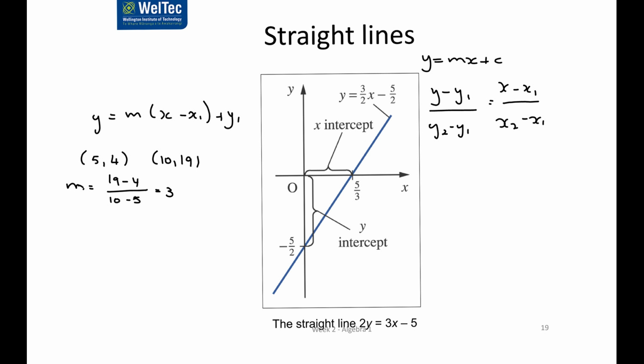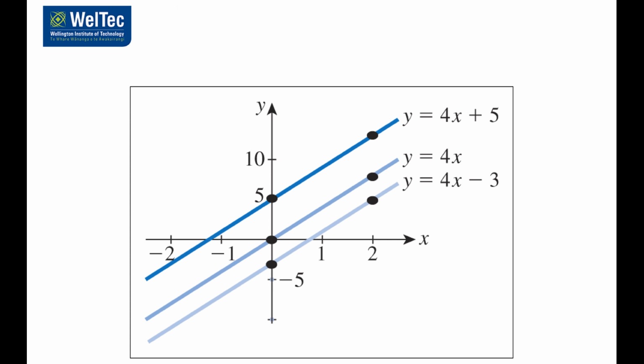So now we can put it into whichever one we like. y equals 3 times (x minus 5, the x1) plus 4, which is y1, and rearranging that, we find that y is equal to 3x minus 11, and that would give us the equation of the line.